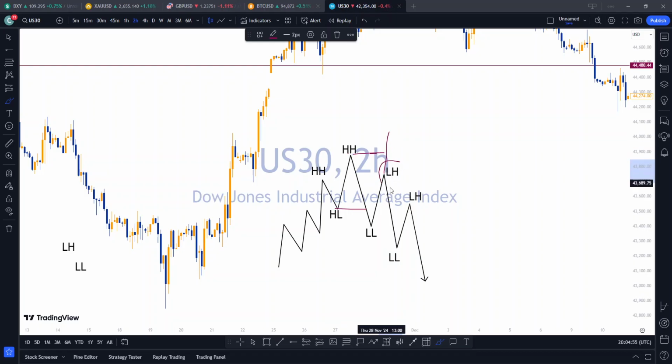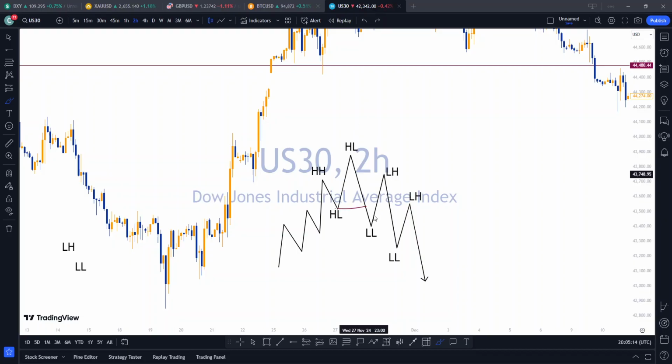It gave us a lower high, and the impulsive move after the lower high also broke this previous structure right here. So that signifies that the market structure has changed, and that's how you know when the market structure changes.